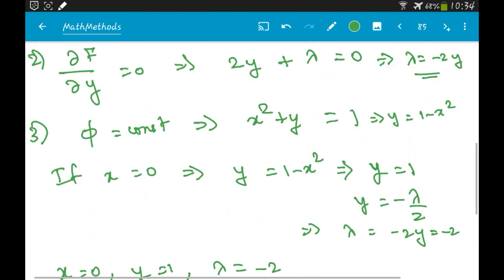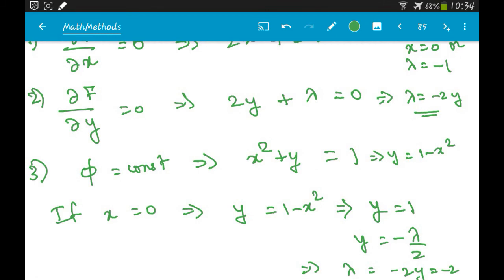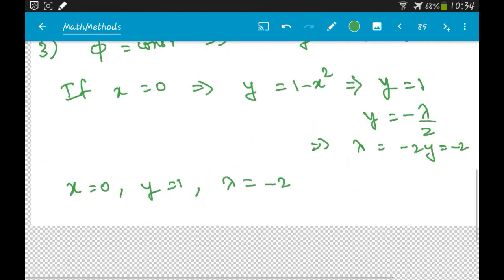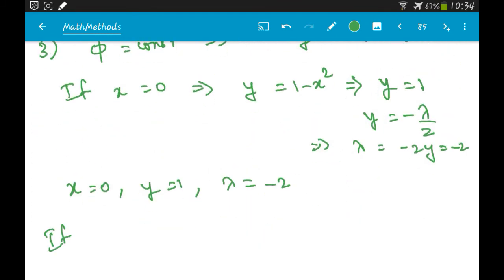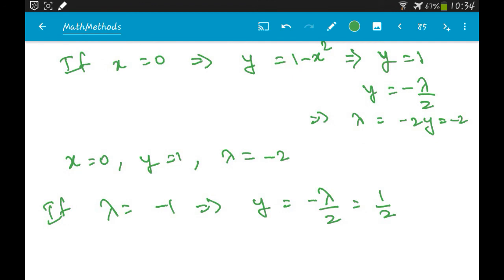The other set of values: here we had lambda equal to minus 1. If lambda is minus 1, then y is equal to minus lambda by 2, which is 1 by 2, and x square is 1 minus y, which is half.